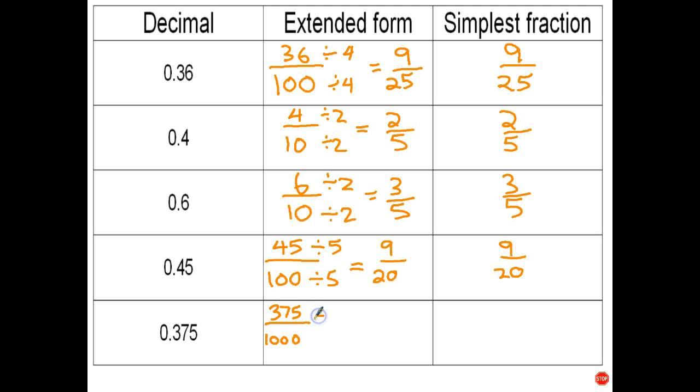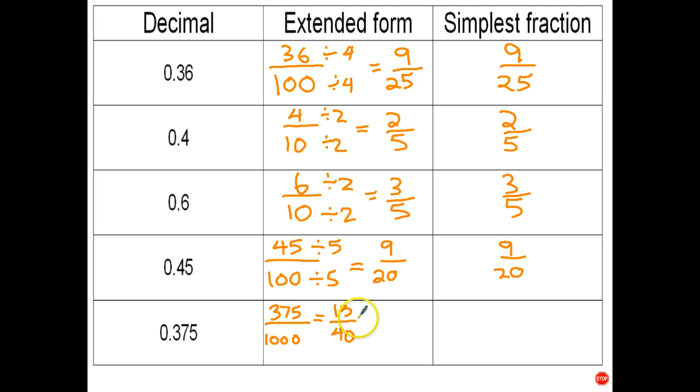So I know that I can divide 25 into each of those. So 25 times 4 is 100. So I've got 12 plus 3, I've got 15. So I can divide that by 25 and get 15. I can divide that by 25 and get 40. Again, you might want to use a calculator for those calculations. I can do that one in my head.